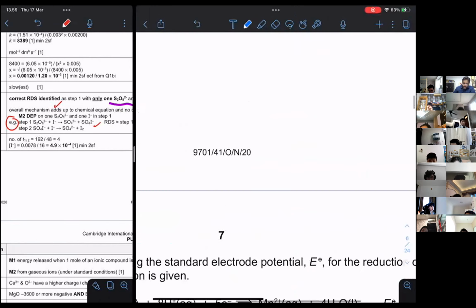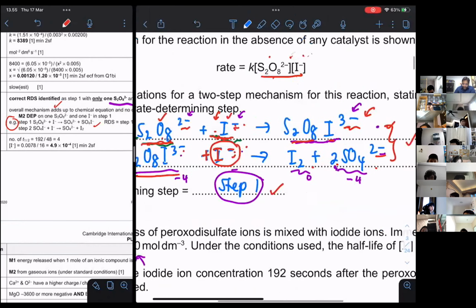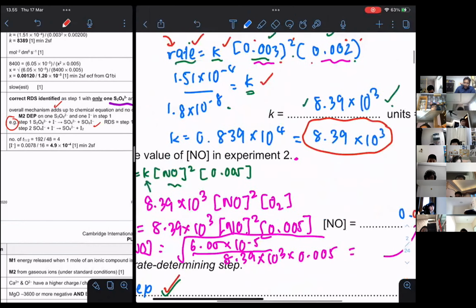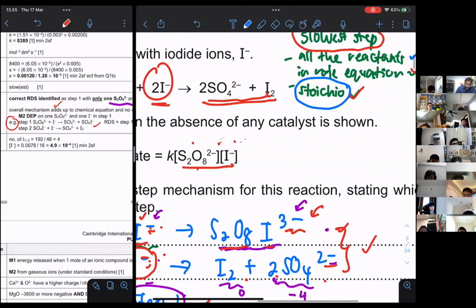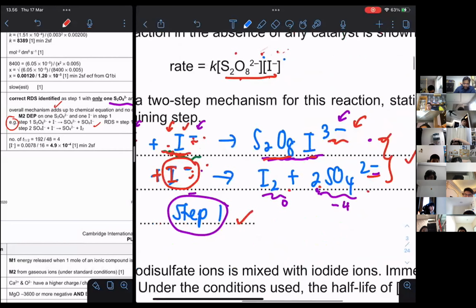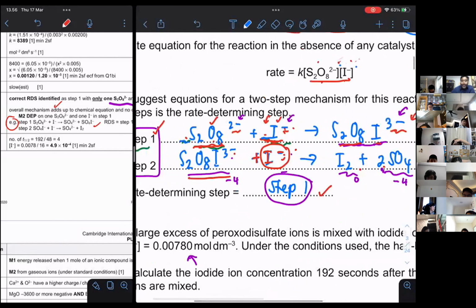When you are looking into the rate determining step, look at all the reactants in the rate equation, follow the stoichiometric value. If this is 1 and 1, therefore your slower step will have 1 and 1.